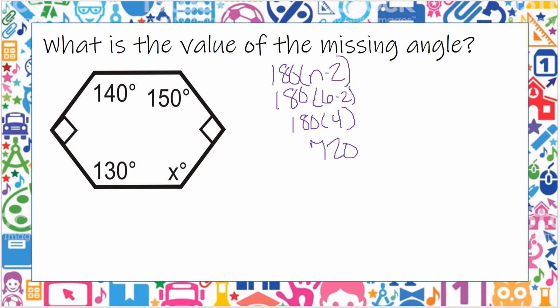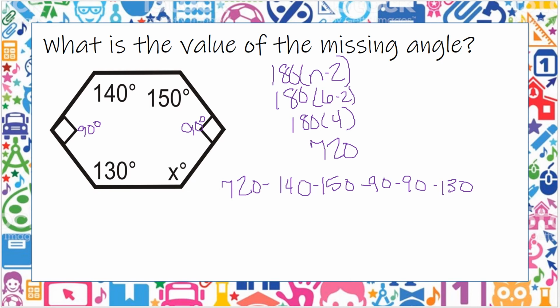So I do see that these squares in the corner are 90 degrees. So I'm going to say 720 minus 140 minus 150 minus 90 minus 90 minus 130.